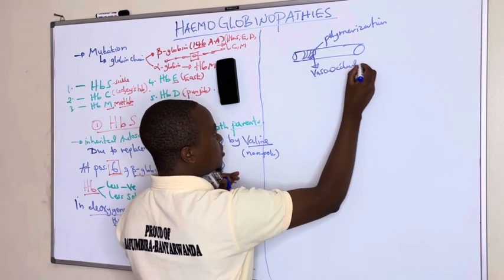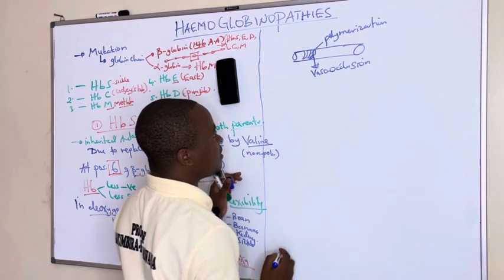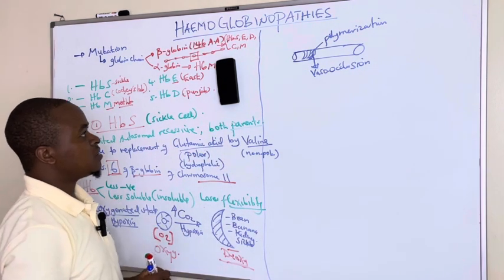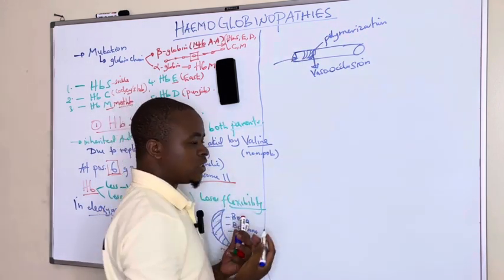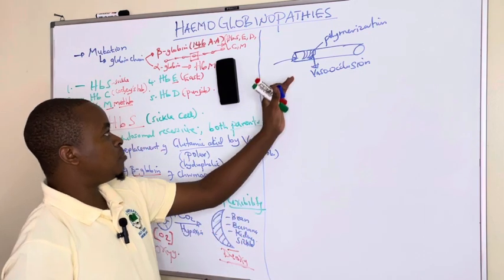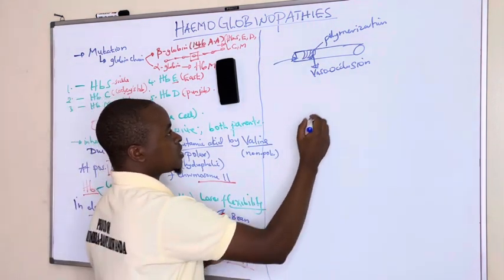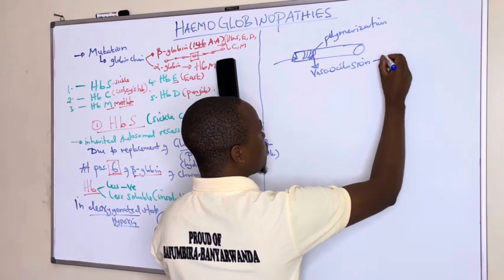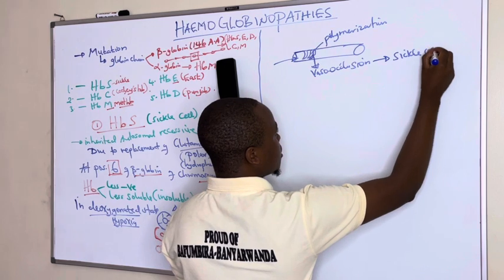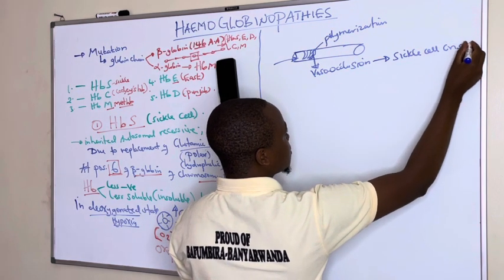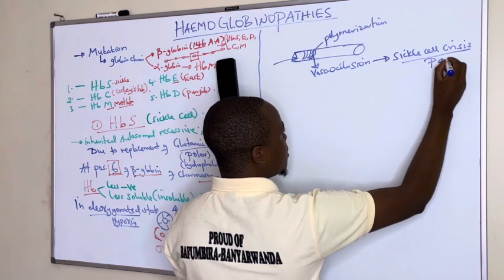They occlude the veins. And when there is vaso-occlusion, whenever the venous return, or the blood returning to the heart, is blocked, this can lead to what we call sickle cell crisis. This vaso-occlusion leads to sickle cell crisis, which is characterized by pain.